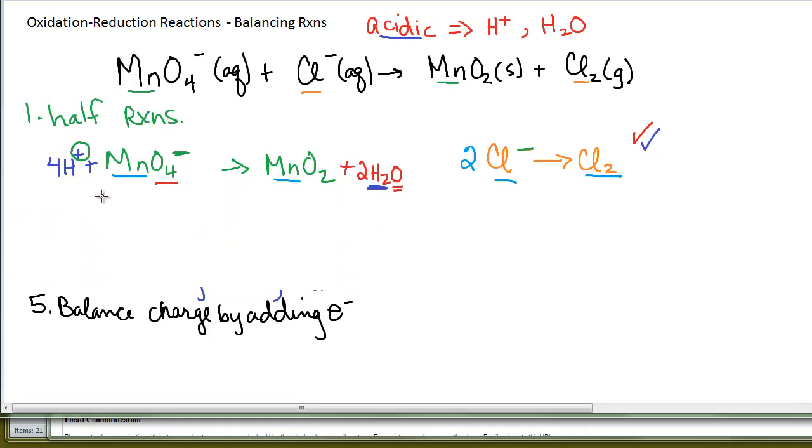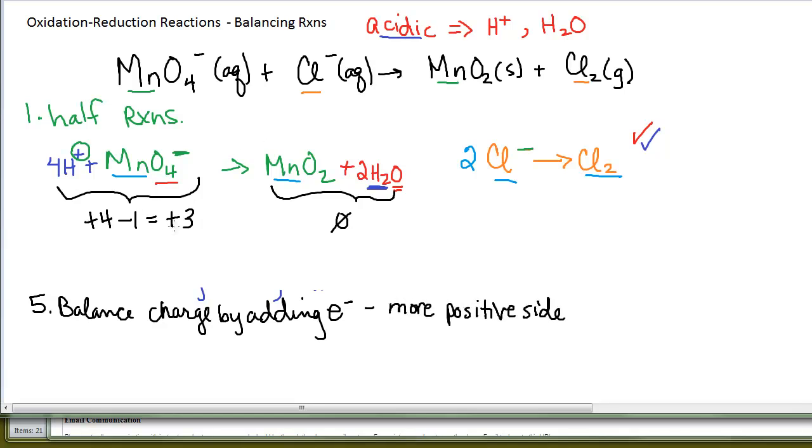All right, as I look at the left-hand side, let's start here. I have 4 positive charges and 1 negative charge, so altogether on the left-hand side I have a positive 3. On the right-hand side, my charge is a 0. Nothing has a charge. What I'll do is go to the more positive side and add negative electrons to bring the two charges to equal each other.